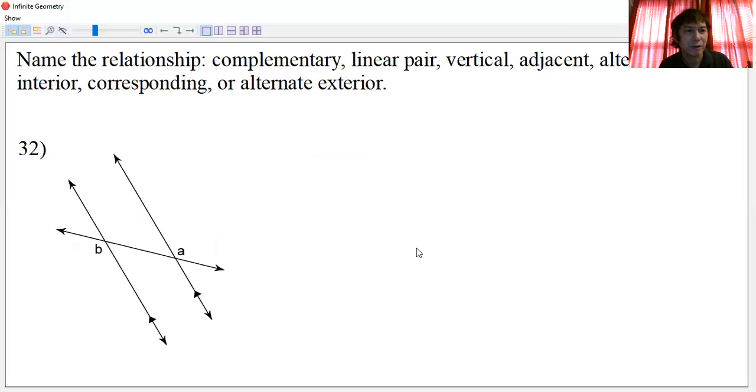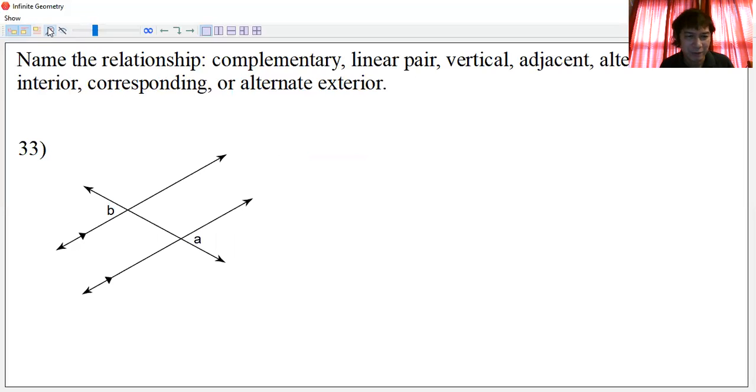Looking at number 32, this is only alternate exterior. I hope at this point you already mastered the diagrams. Let's have 33. Here's again alternate exterior. Just remember the definition: two angles on different sides of the transversal, and they are both exterior.